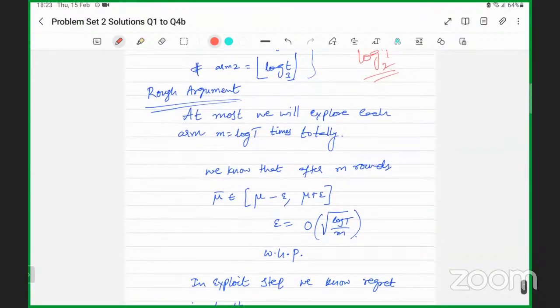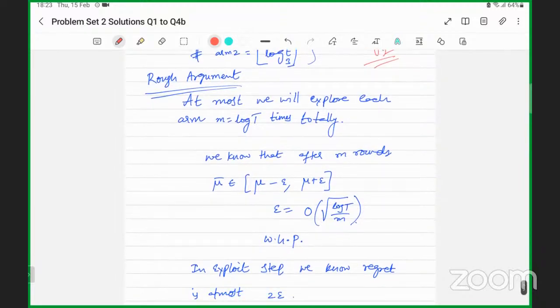If you want to be correct with at least 1 minus 1 by T probability, due to Hoeffding's inequality, if we have samples of a particular amount, we can get a confidence interval with probability greater than or equal to 1 minus 1 by T. Just now I have seen that, right?